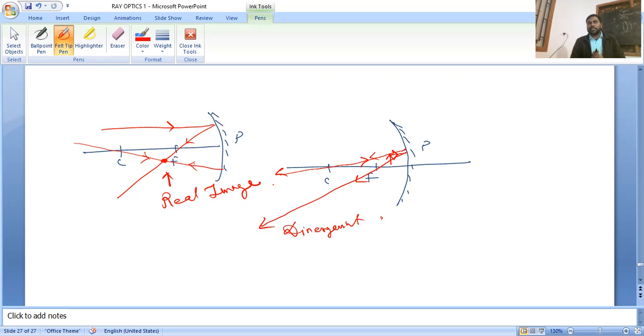As far as the concept is concerned, parallel rays do meet at infinity, but divergent rays never meet.